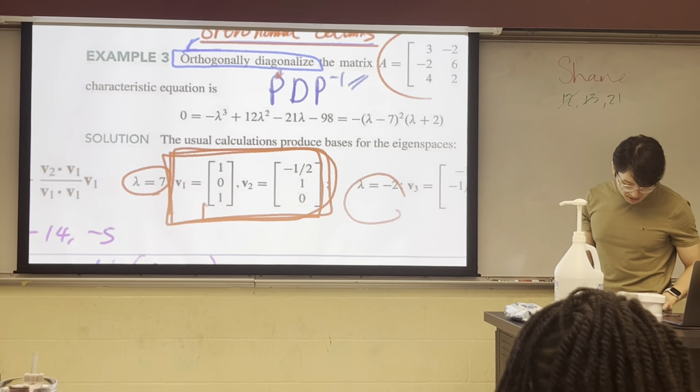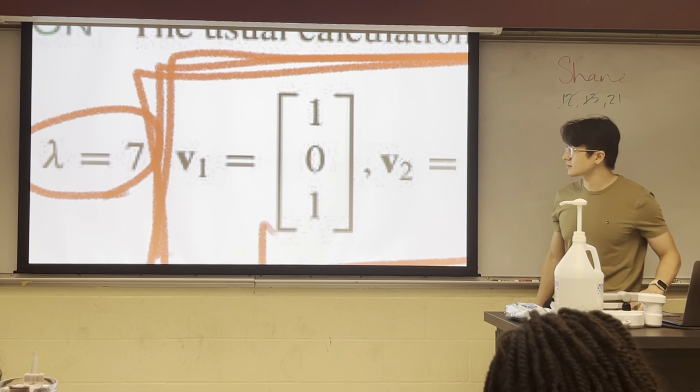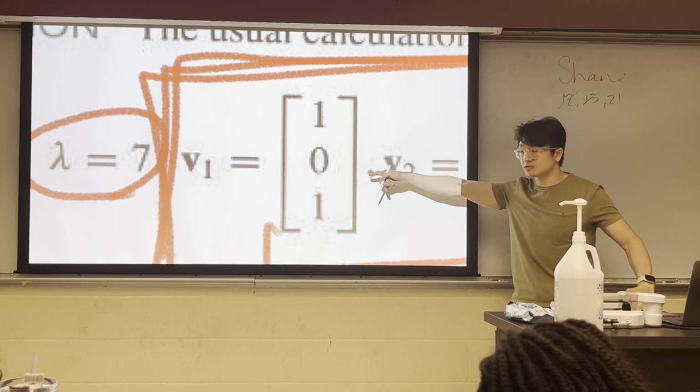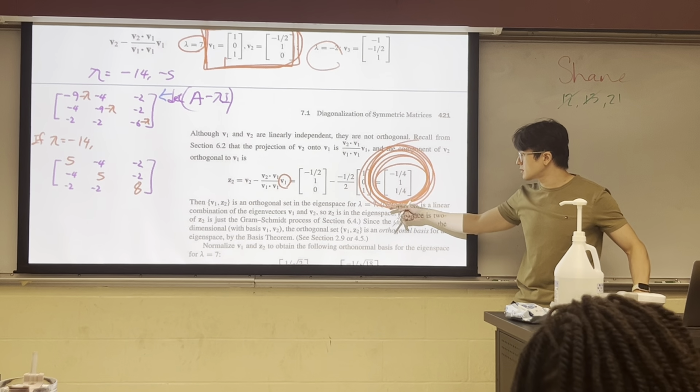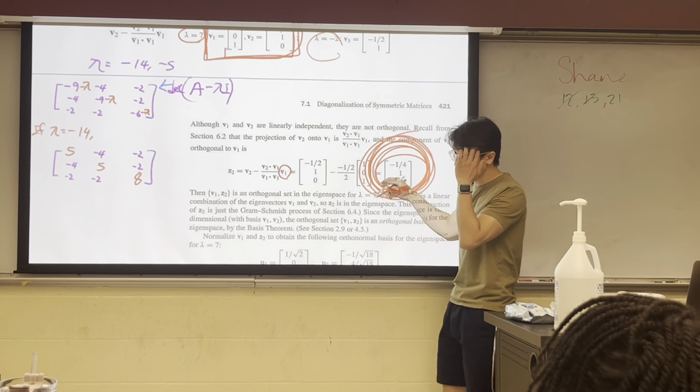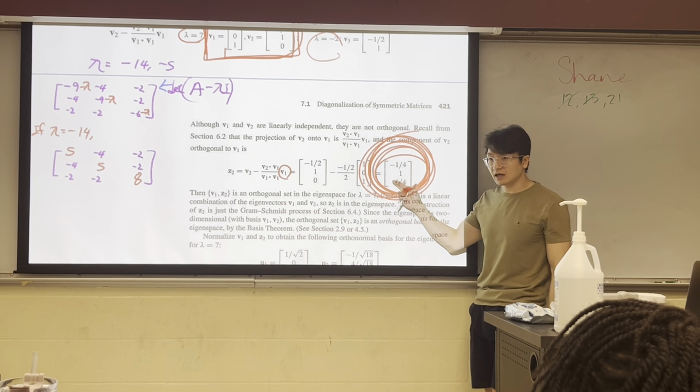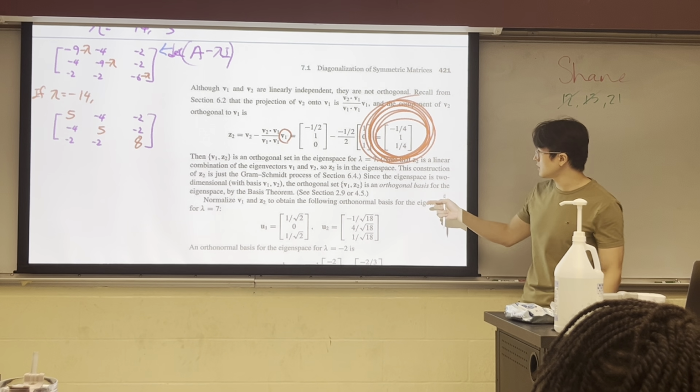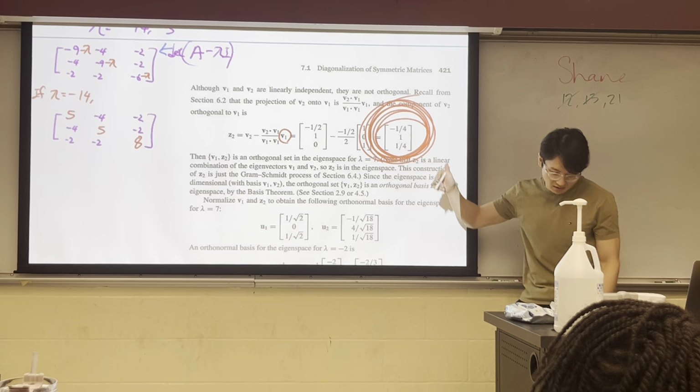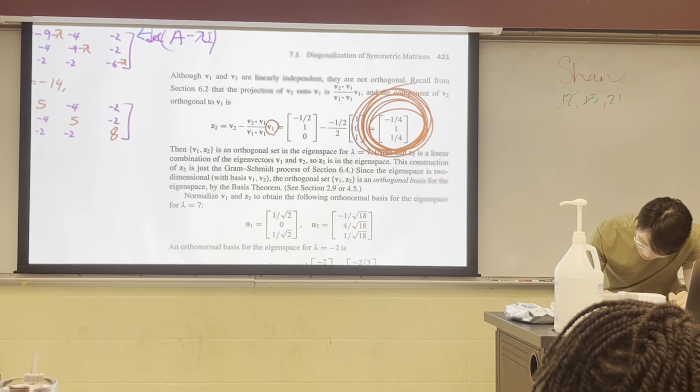The first vector, what is the length of this? Square root 2. So you divide by square root 2. After you get the second vector from the Gram-Schmidt process, you get its length.